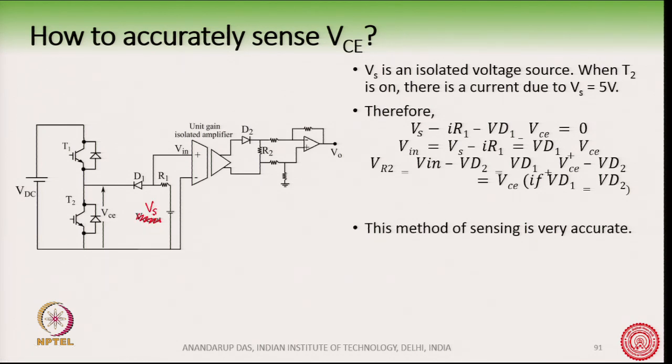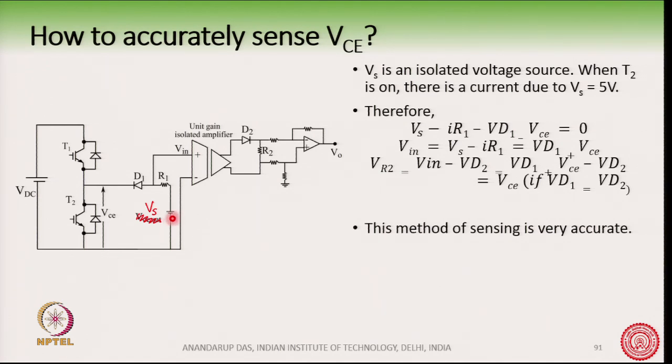Suppose there is an isolated voltage source Vs here, and I want to know the VCE on of this device T2. So, how will I do that?